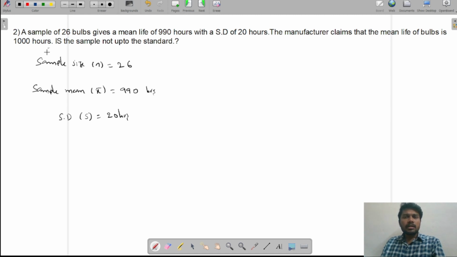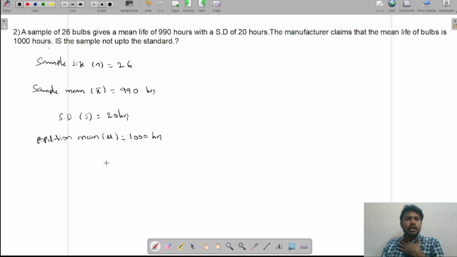The manufacturer talks about the big set, every bulb manufactured by the company. When the product comes out from the factory, he is telling that the life of the bulb is 1000 hours. So this mean is the population mean, mu equal to 1000 hours.